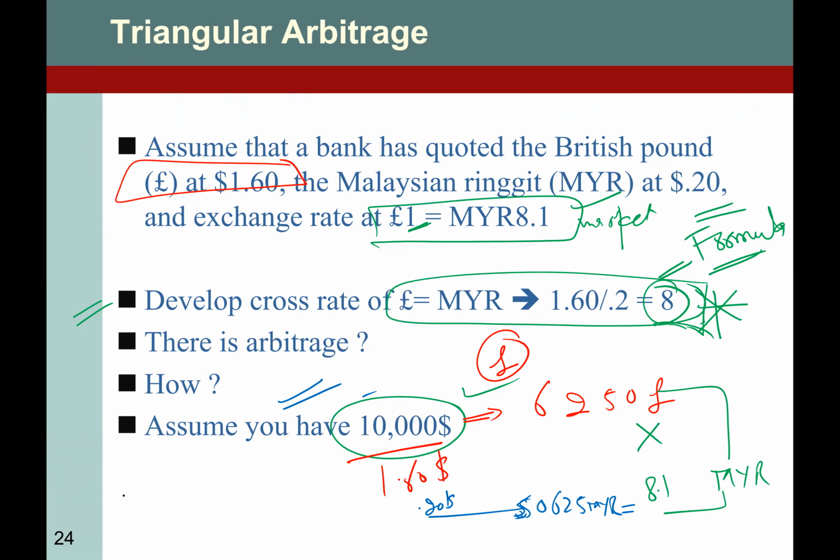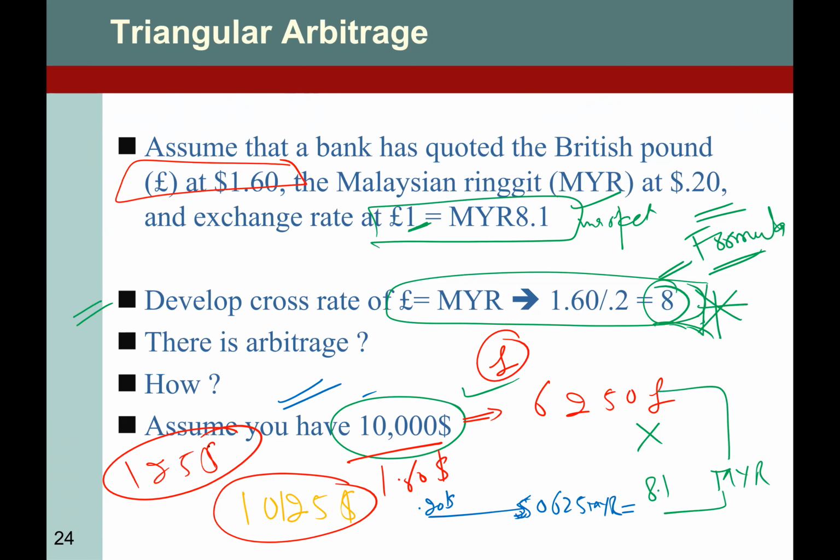Just multiply it by 0.2: $10,125. Just a matter of 3 clicks. How much have you earned? $125. It can be in 1 second or 2 or 3 seconds. You just need to press 3 clicks. That's it.